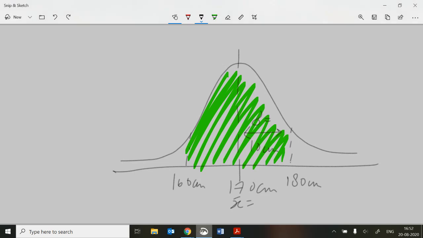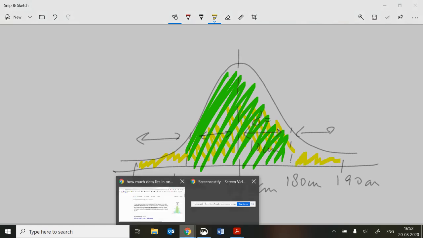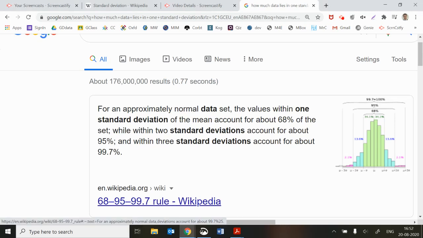So that is to say that between 150 centimeters and 190 centimeters, as we're just adding on these amounts of standard deviation, up until here, all of this, in Norwich City colours, would account for 90, what did it say? 95%, okay, 95%.